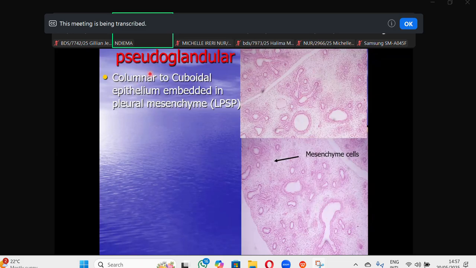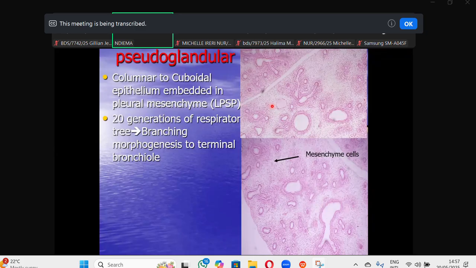So we have cuboidal to columnar epithelial lining, and then the mesenchyme tissue surrounding it. It then undergoes several generations of divisions. By 20 generations of divisions, we have what we refer to as branching morphogenesis. This continues up to the terminal bronchiole. We noted that the terminal bronchiole is actually the end of the conducting division of the respiratory system.